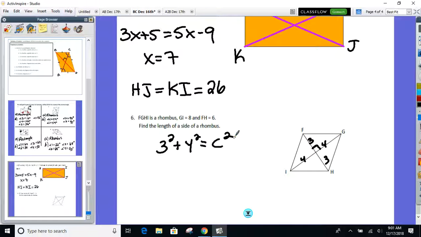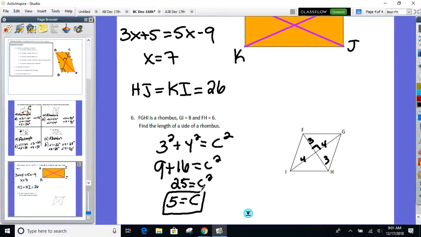This is a pretty famous one, but 9 plus 16, 25 equals c squared. So one side's going to be a length of 5. Another type of problem I always like to ask is, what's the perimeter? How do you get 20? All sides are congruent. Yes, all sides are congruent.